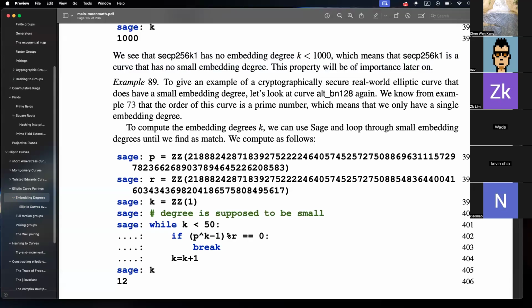Oh, fun fact. There is a Dan Boneh talk that talks about pairings, and this specific curve's parameters are not really chosen for a given reason.